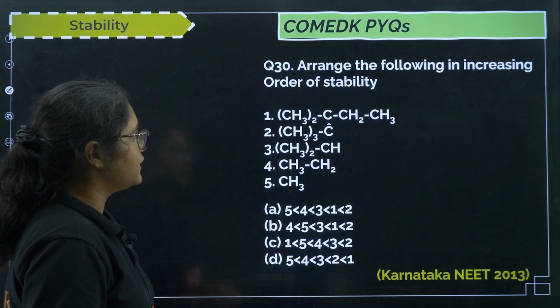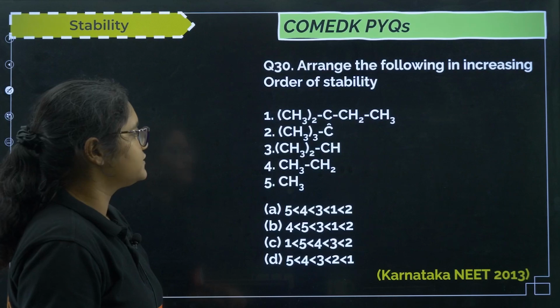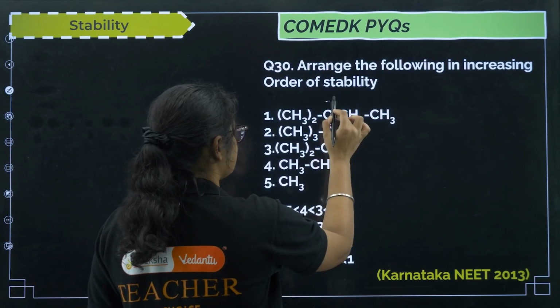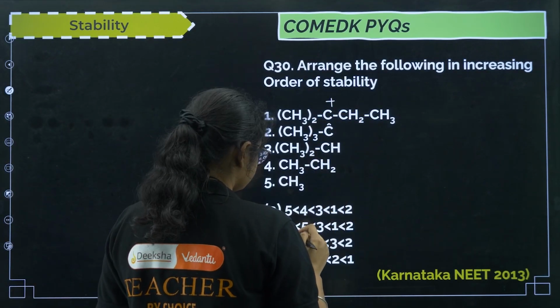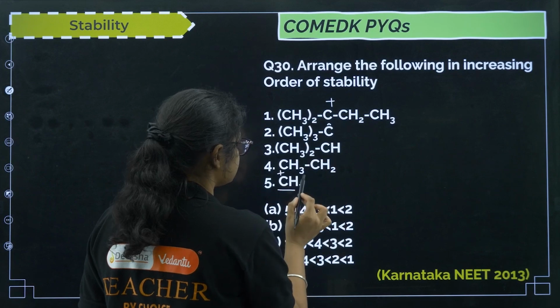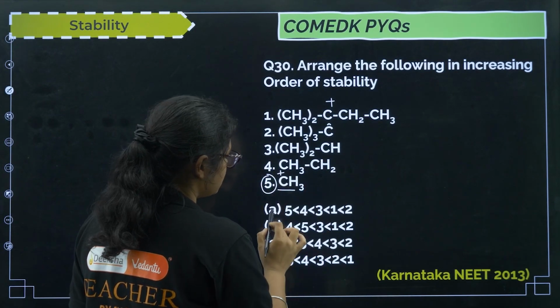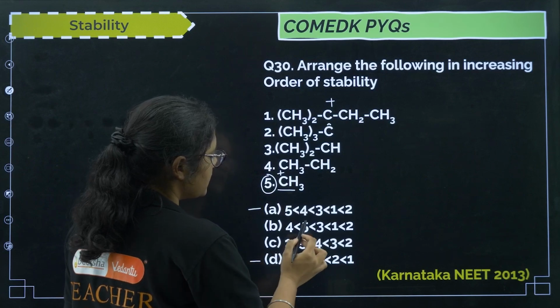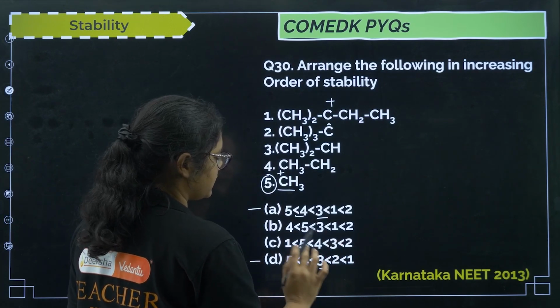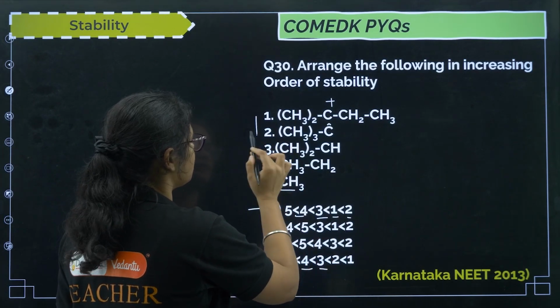Next, arrange the following in the increasing order of stability. So you should find out the carbocation stability order. Here you can see there is no group attached, so definitely the 5th is the least stable. So we have option number A and D. After that you see 4, 3, 4, 3 is the same. Now you have to compare between 1 and 2.